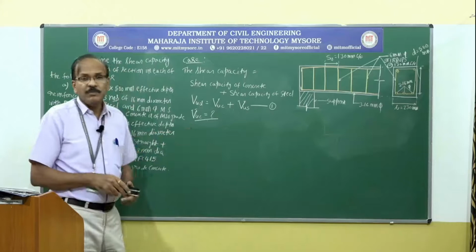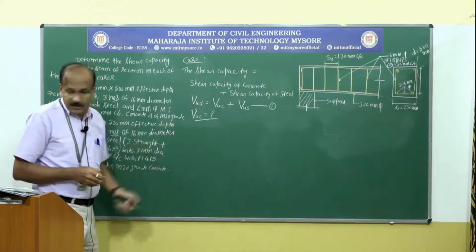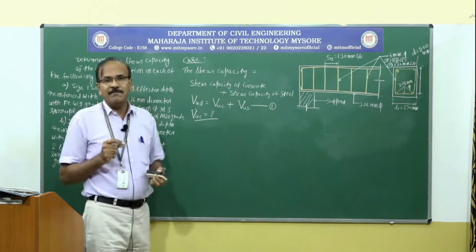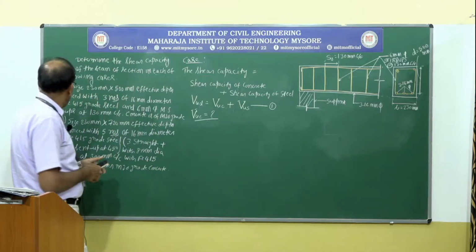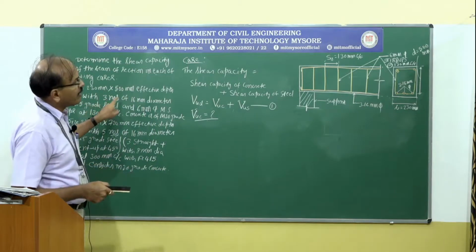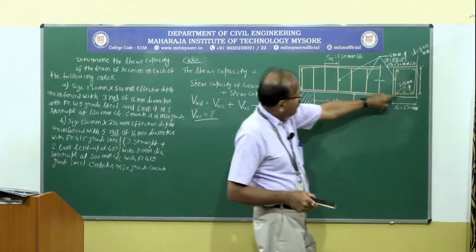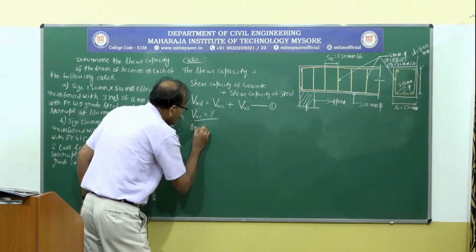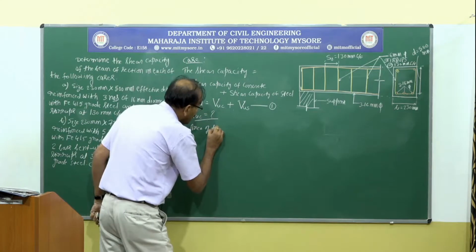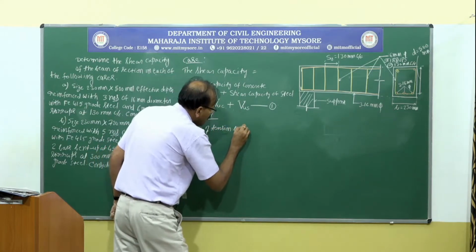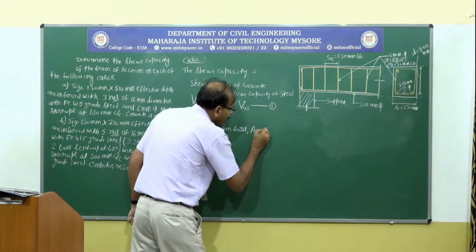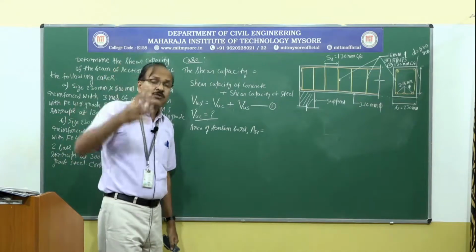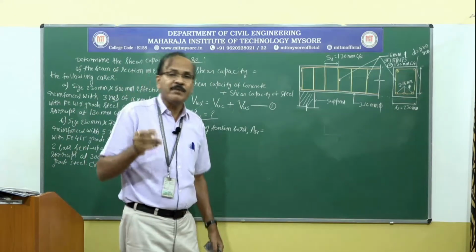So let us proceed with the problem here. Before proceeding, first I need to find the percentage of tension steel. For that, I am going to find the area of these 3 bars. Therefore, the area of tension bars, I am going to write AST. In table 19, in the leftmost column, it is given as 100 AS divided by BD.